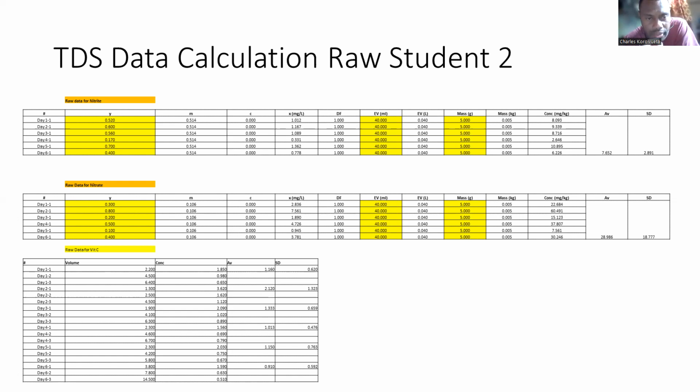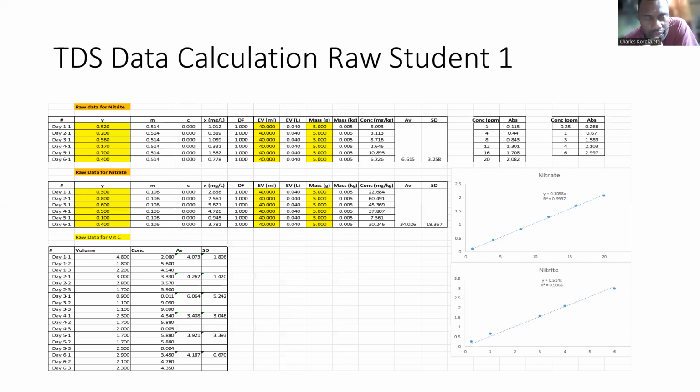And this is the raw data for vitamin C. It shows the volume, the concentration, and the average and standard deviation. This is after the titration of the 3 repetitions.